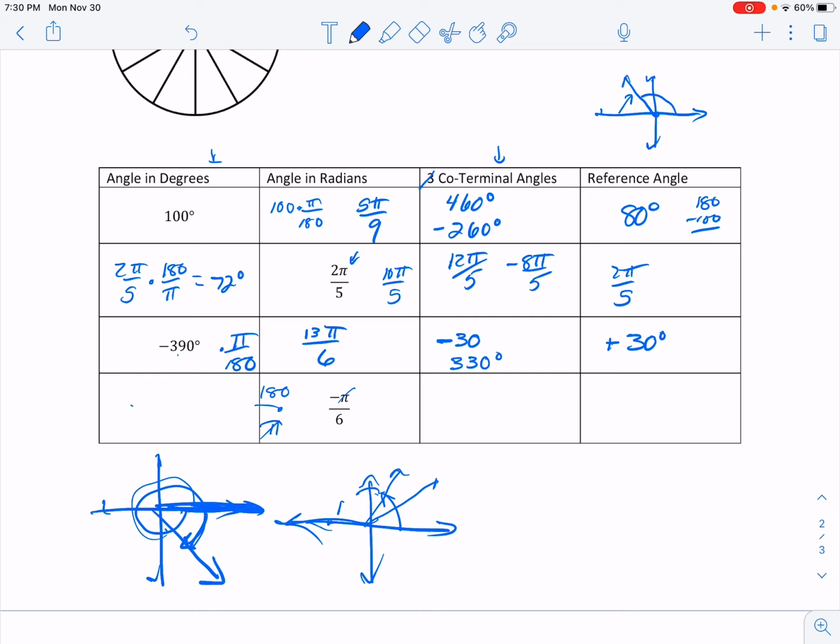So that's negative 30. It was in radians. Negative pi over 6 is down here. It's 30 degrees, pi over 6. So my reference angle is pi over 6. If I go around the circle this way, that's 11 pi over 6. If I go this way twice, you have 12, so that's negative 13 pi over 6.